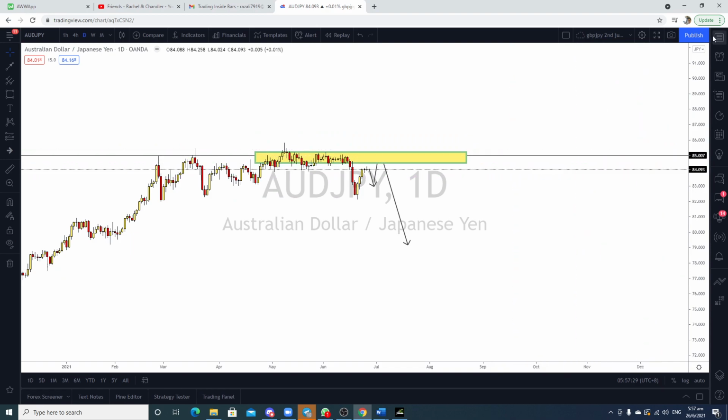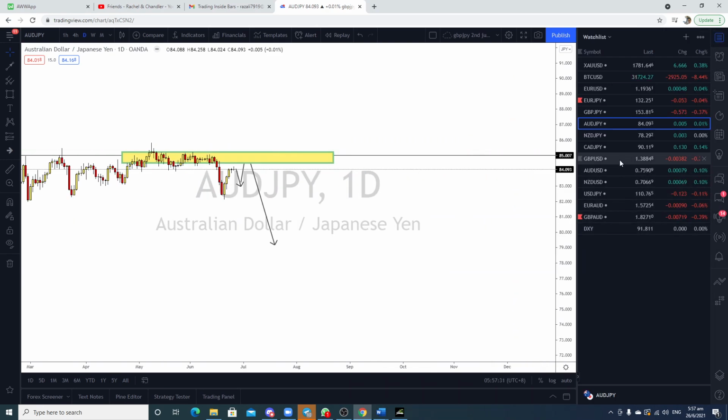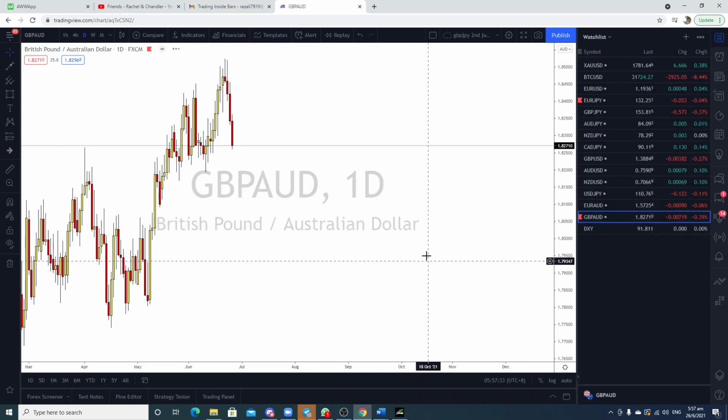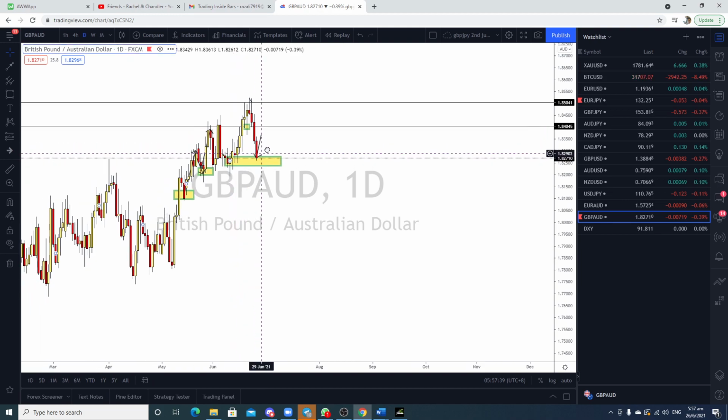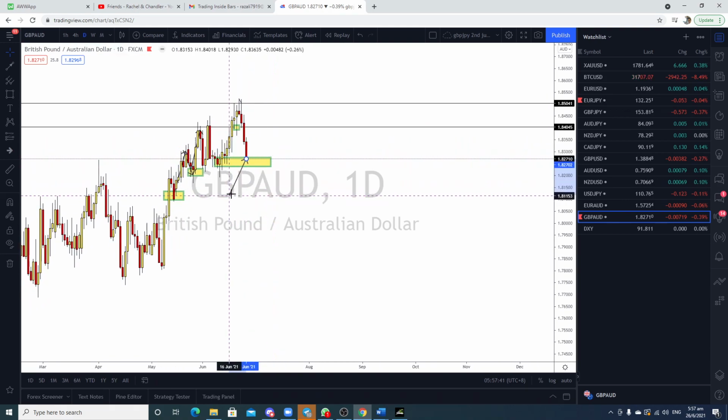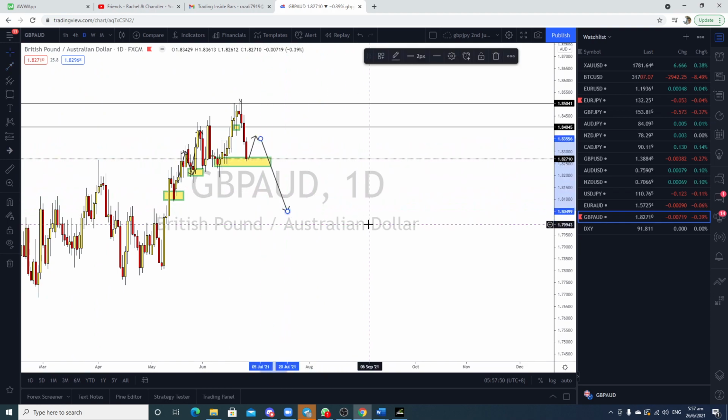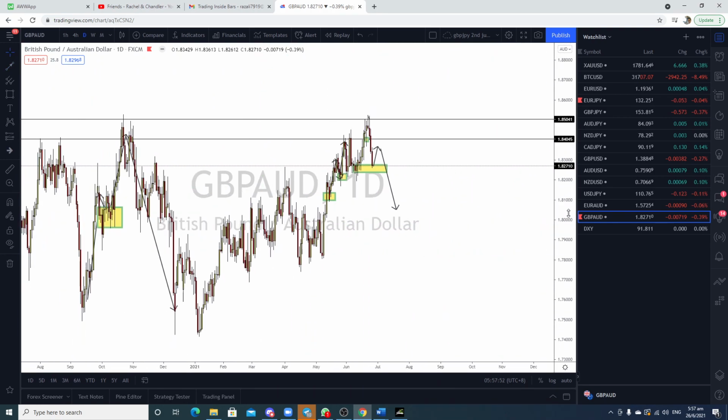Well, yes, that's it. I think for pound Aussie, after this drop, price should consider a retest a bit higher, make a slight retrace, maybe around here perhaps, and then start a new downtrend towards the downside.